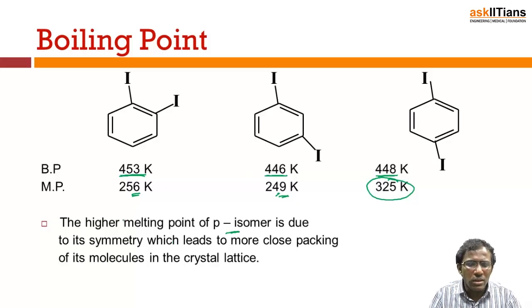That symmetry leads to a closely packed structure in the crystal lattice. Since it is more closely packed, you need to supply more energy to get the molecules apart. That's why its melting point is considerably higher than the melting points of the corresponding ortho and meta isomers.